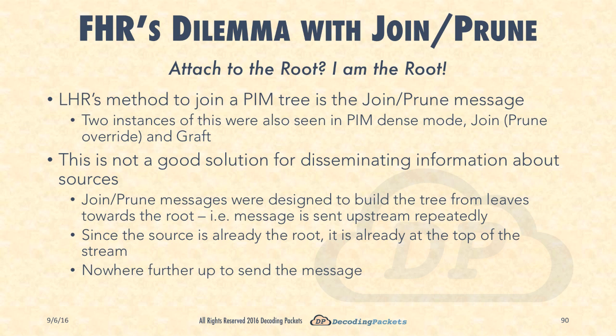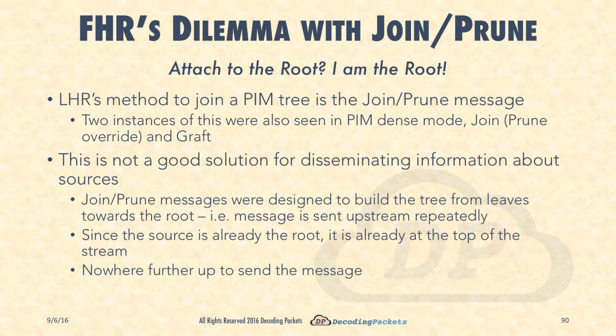Now it's time for the FHR to actually connect also to the RP. But the FHR really cannot use that join prune message, can it? Because where does the join prune message go? The join prune message goes from the leaves to the root. That's how the LHR joined the tree, and that's how we did it in PIM Dense Mode.